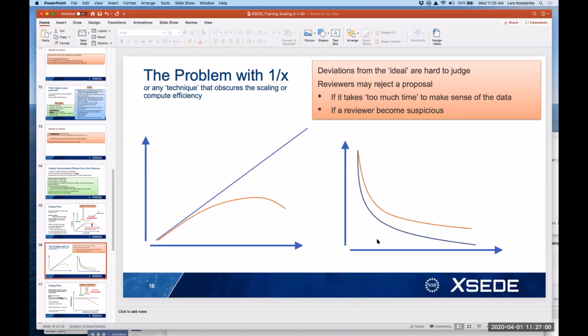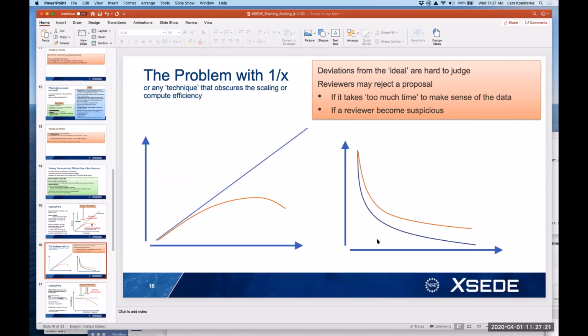I'm pretty sure you all have been reviewers during your career, and you know how a review process works. The reviewers are judgmental, that is their job. And the reviewers may reject your proposal if it takes too much time or effort for them to make sense of your data.